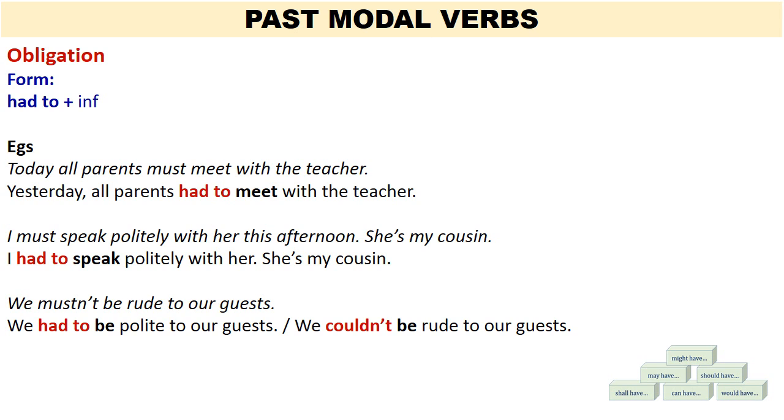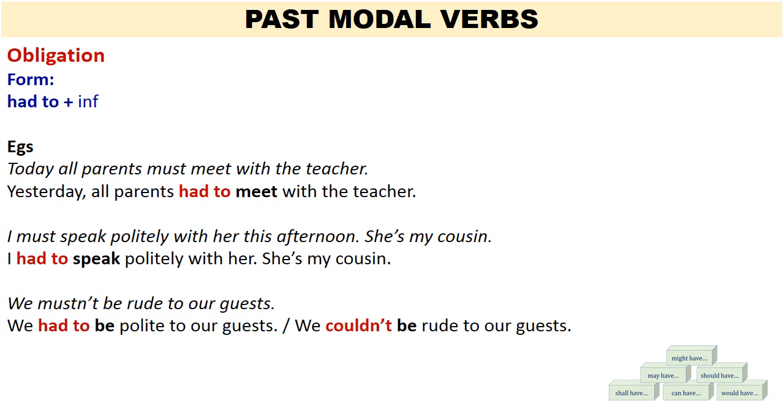Another example, I must speak politely with her this afternoon. She's my cousin. Again, if we have to speak of this in the past, we will use had to plus infinitive. Our sentence would be, I had to speak politely with her.